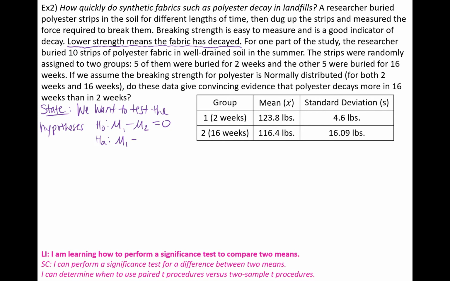Sorry, I have to read through this, guys, just to make sense of it, just like you guys. Okay, so lower strength is how much it takes to break them. Okay, so our mean here in pounds is pounds of strength. So we are expecting the 16 weeks to be a smaller number.